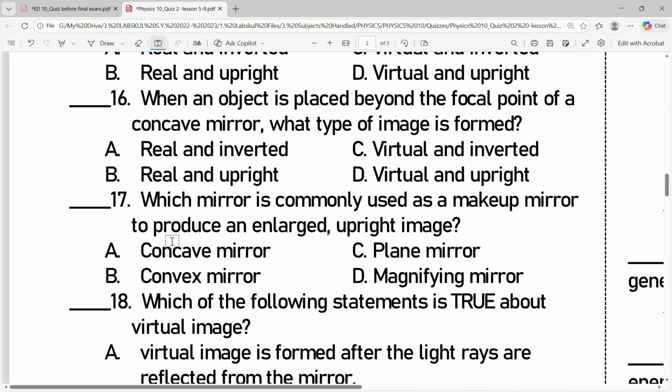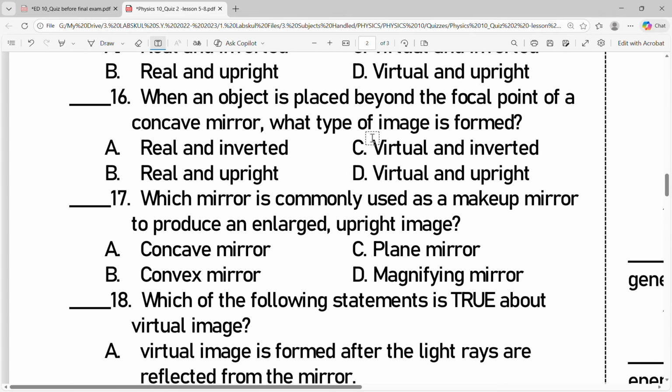Number 16. When an object is placed beyond the focal point of a concave mirror, what type of image is formed? So remember, beyond the focal point is in front of, usually in front of a concave mirror.